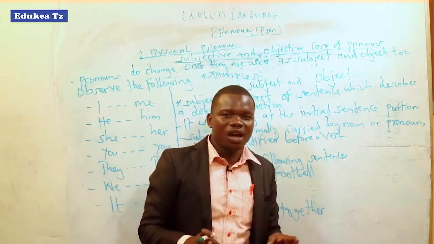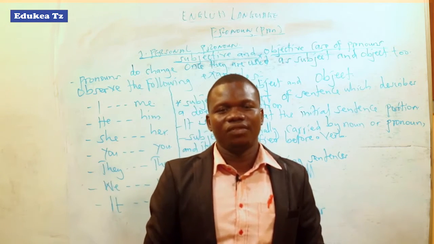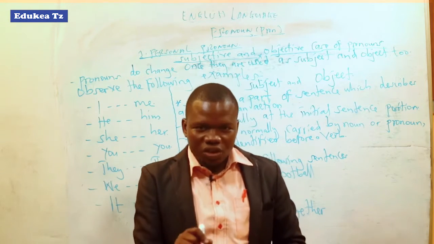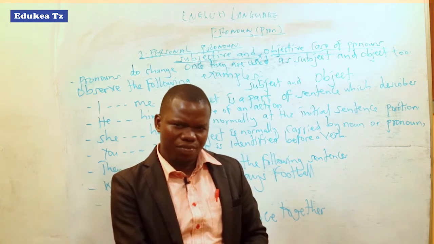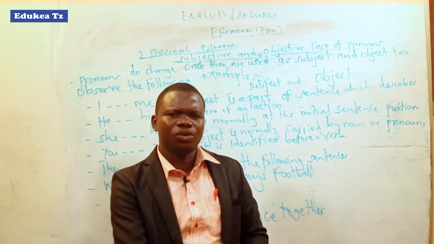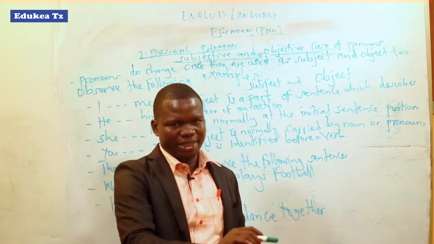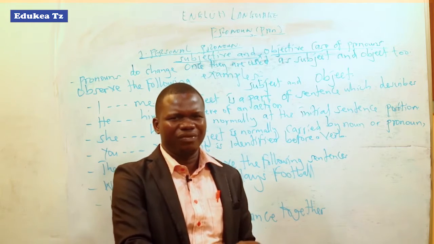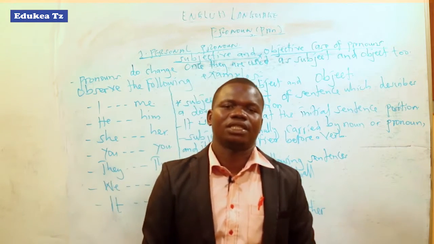So how can we identify those subjects in a given sentence? We have to look at verbs. Before a verb is where a subject exists. Those words before a verb in a given sentence will be subjects.